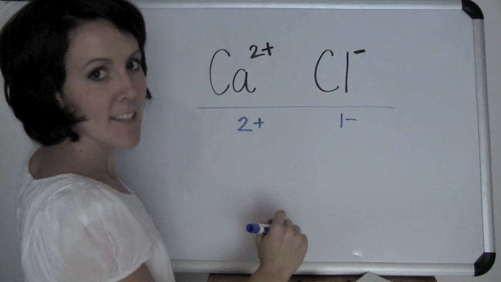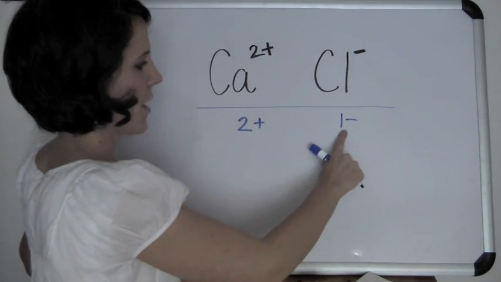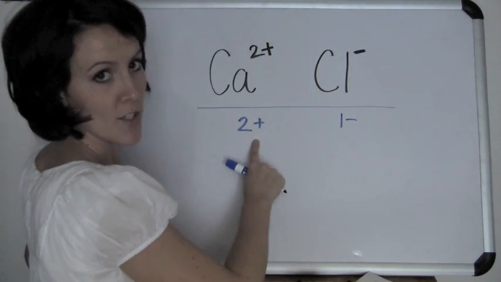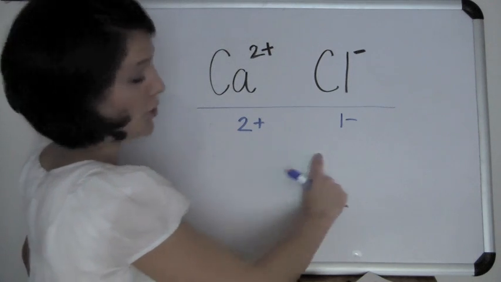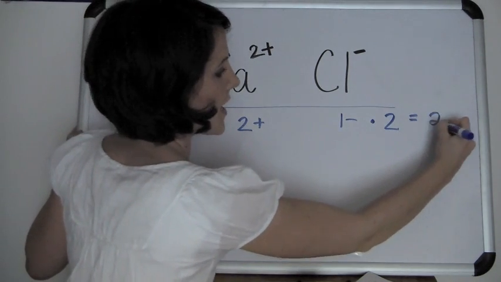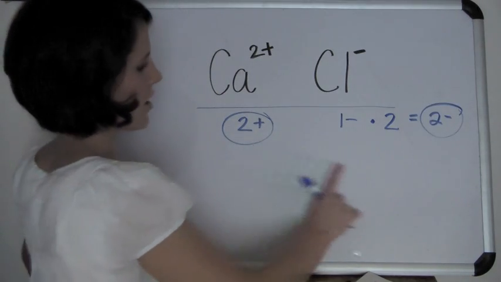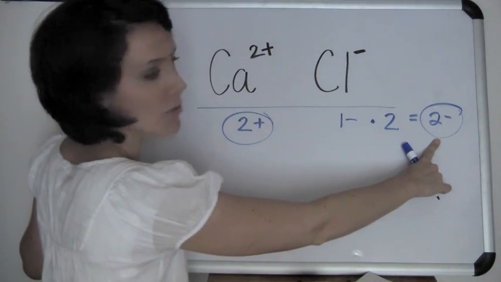So I can find the least common multiple, meaning what number, the smallest number, would these both go into? Well, the answer is 2. This is already a 2, but this I can multiply by 2 to get a -2 charge. A +2 charge and a -2 charge added together would be a net value of 0.